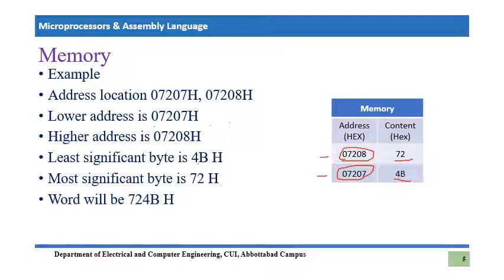So the word which will be fetched from these two memory locations will be 724B hex, and since all of these are shown in hex, if you convert each of them into binary, you will see that these are basically 16 bits of information.